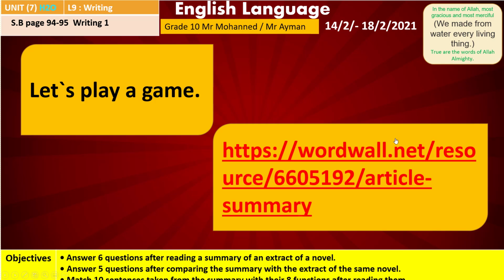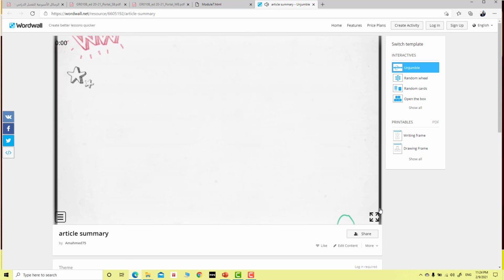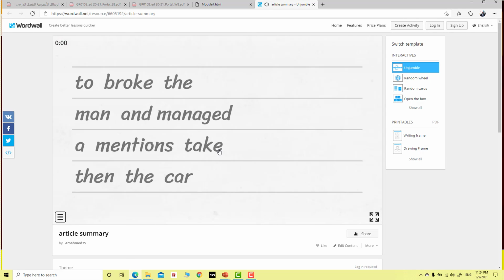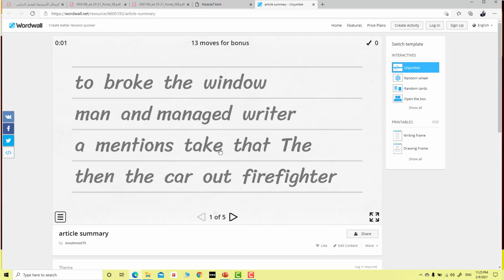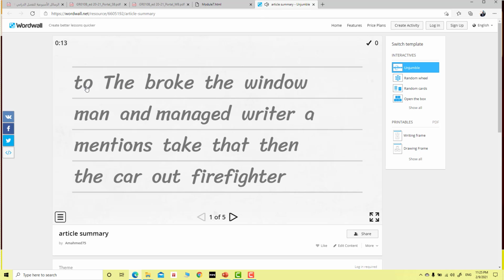Okay, another game here. Oh, I think it's arranging words to make a very short summary. This is the first one, obviously, a capital letter.